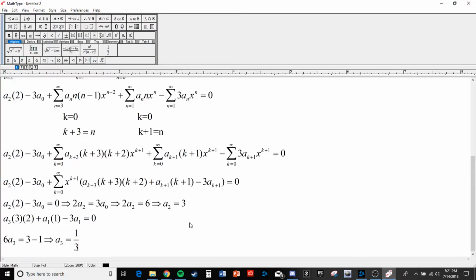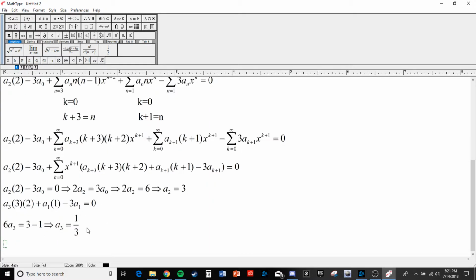And finally, a sub 4. Same process as before. Let me copy this down. So to get a sub 4, here you just need to replace k with 1. So 1 plus 3 is going to give me 4. Same here. 1 plus 2 is going to give me 3.